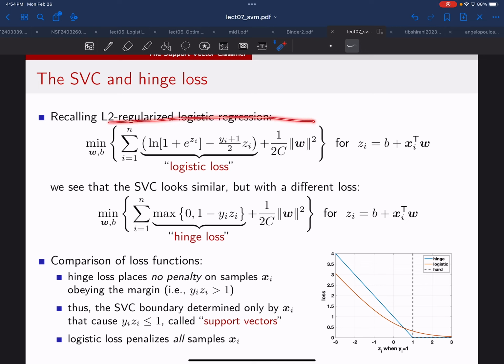For example, this is what we saw with L2 regularized logistic regression. Here's that term that we derived in class that minimizes the cross entropy term. And then here's our ridge regression penalty, L2 regression.